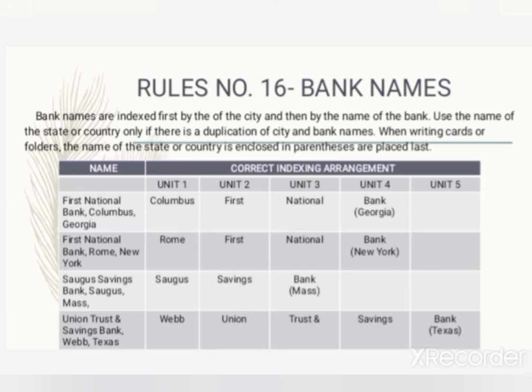Columbus is the city name, then followed by the name of the bank, and the last unit should be the state.